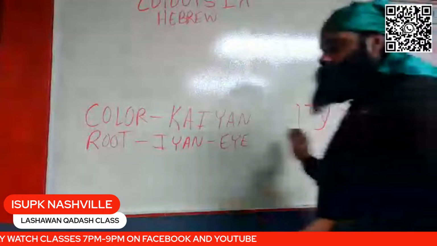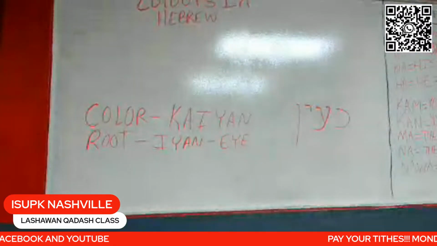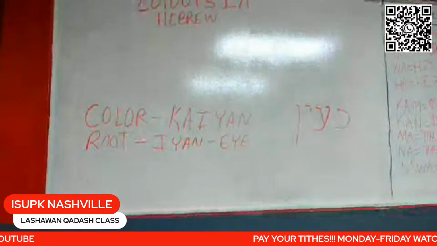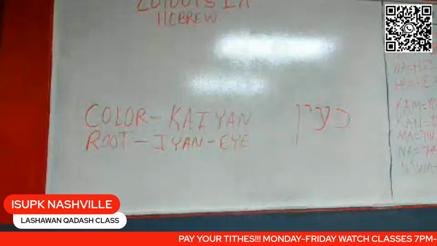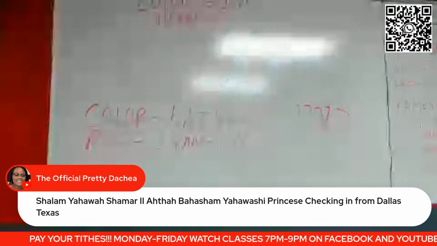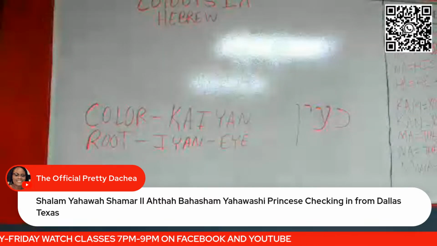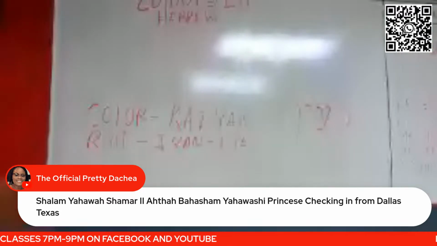So it went from the Lashawan Kodash, the old original style of language, to the Assyrian style. When we went into slavery, once again, they changed it up from how I previously had it to that.